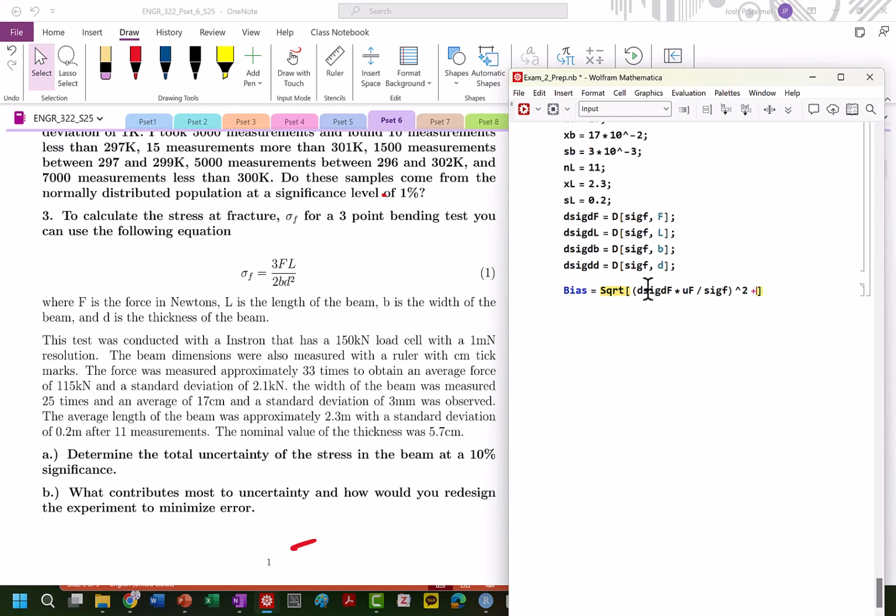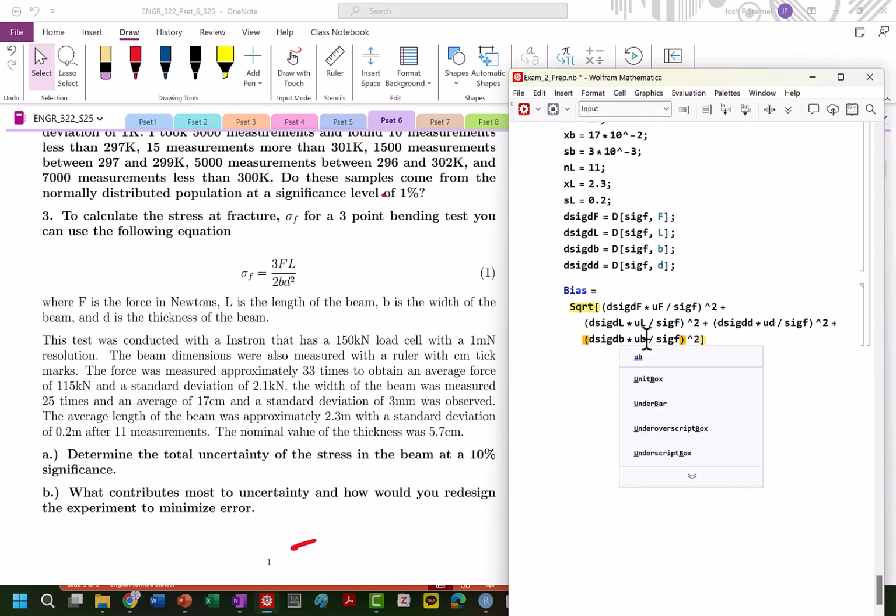3 more times. 1, 2, 3, because UF, UL, make sure that, again, don't rush. D, mu D, mu dB, ub.